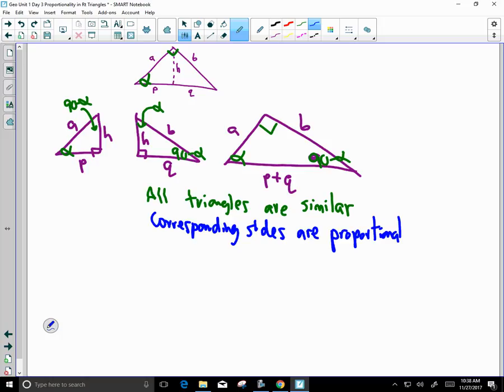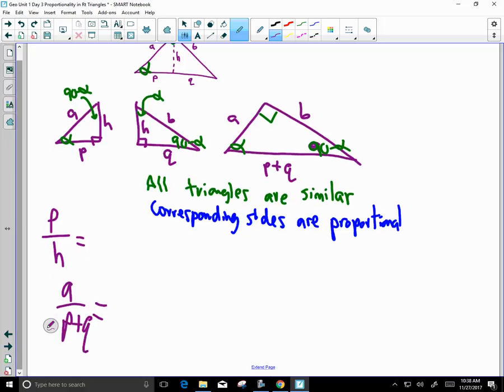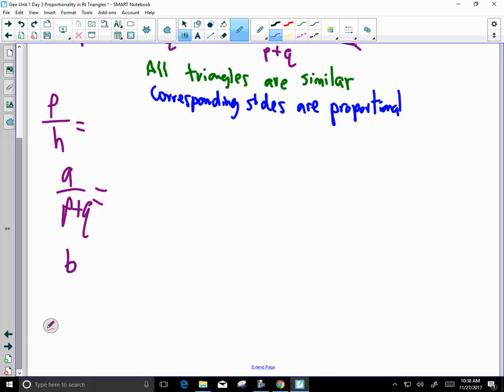They're not congruent, so we can't do side, side, side, or anything like that. All right, I'm going to put three ratios: P over H, and A over P plus Q, and B over P plus Q. And I want you to make some ratios with those.